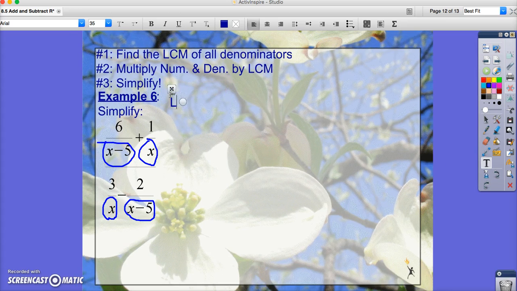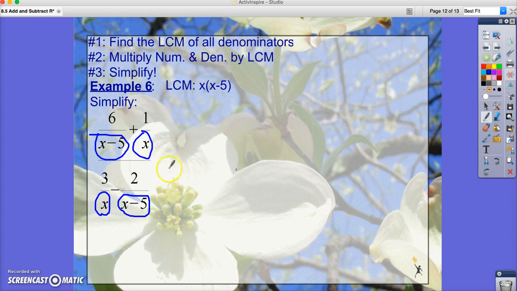Let's type it up here. Take a second, think what your LCM is. It should be x minus 5. So what that means is I put my big set of parentheses, I'll click it here, but you get the idea.